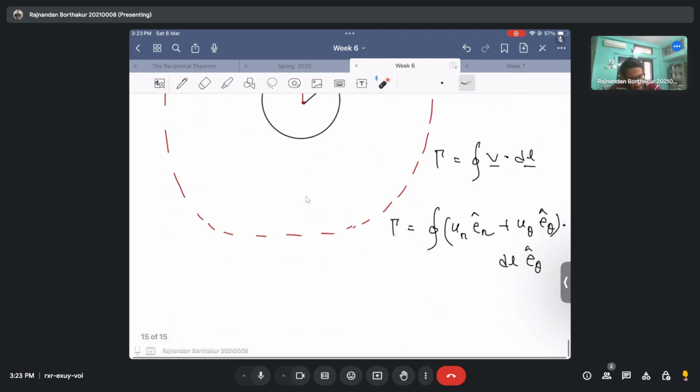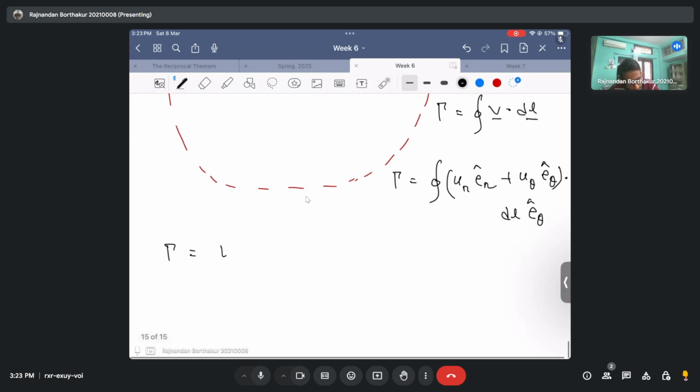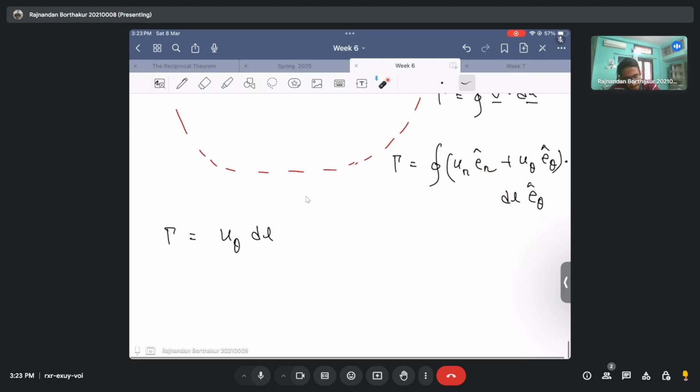Then if I do this dot product, I'll just get gamma as the integral of u theta dl. That's it, because the dot product with er will just vanish.